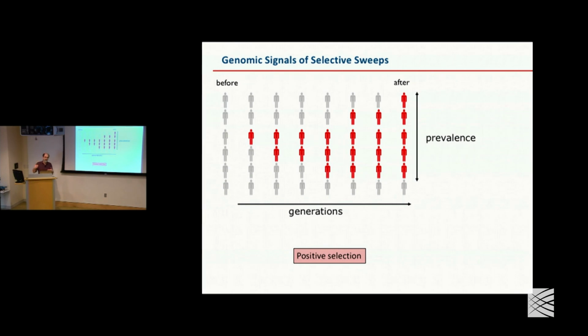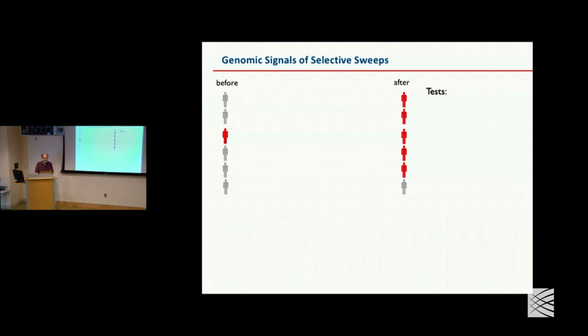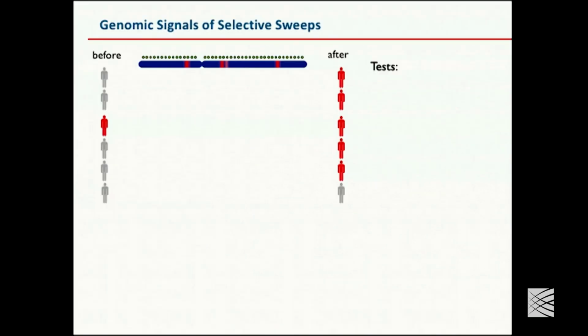And it's this rapid rise in frequency that produces signals that something has been going on here. It changes the genetic variation in the population and means that we can then test for whether a selective sweep has occurred in the population.